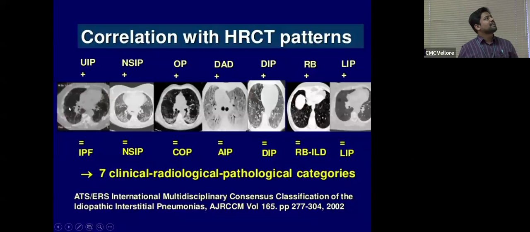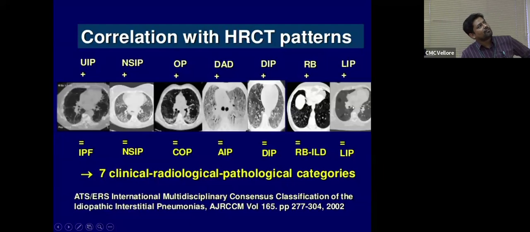So these are the patterns I'm showing you. This is the UIP pattern, where you see more honeycombing, less ground glass, and a lot of traction bronchiectasis. Then the NSIP pattern, where you see more ground glass and fewer cysts and less bronchiectasis.